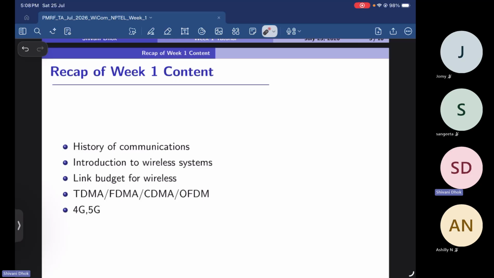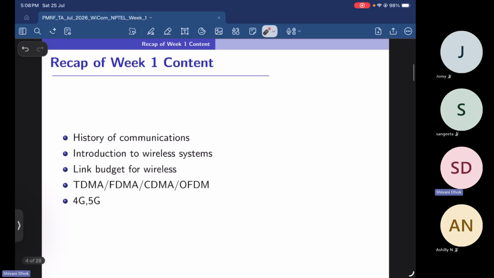In this week, we focused on how communication systems were developed from 1G, 2G till 4G and 5G. Then we looked at how mobile devices improved over the years, from a very primitive mobile device to the most recent mobile devices that we are using.